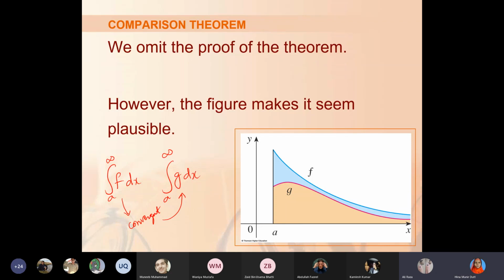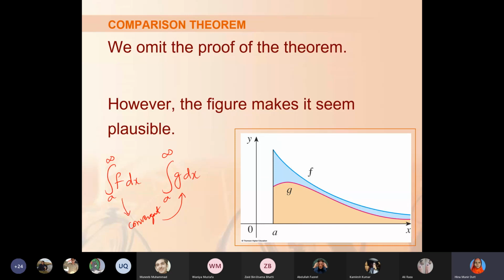Ma'am, the nature is the same, I believe. The nature is not the same, because if the area under the top function is finite, then whatever function I take below it, the area under the bottom function is also finite. It must be finite. So if the integral of the top function is convergent, the integral of the bottom function is also convergent.